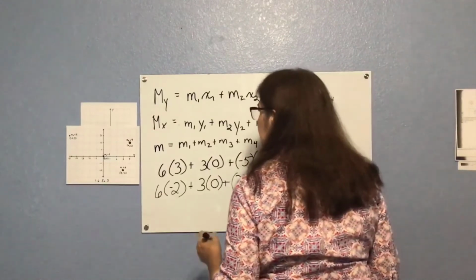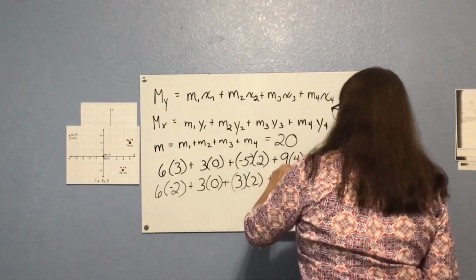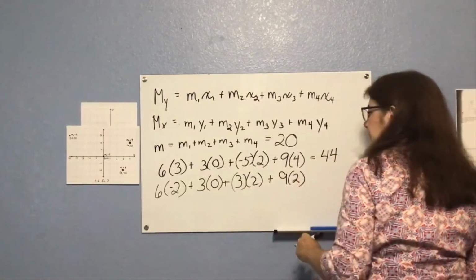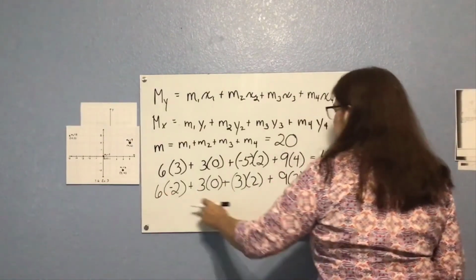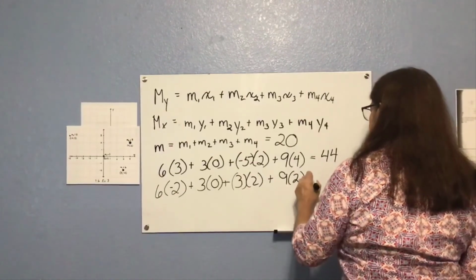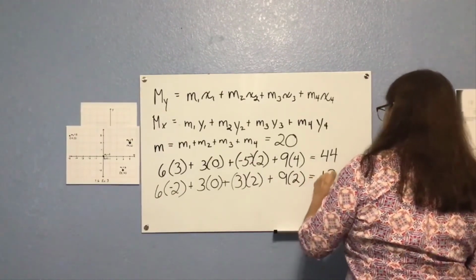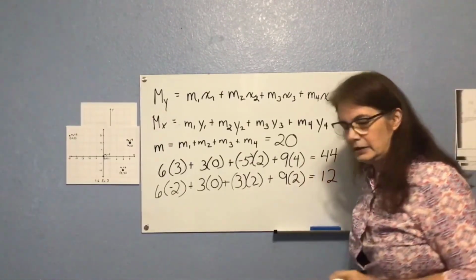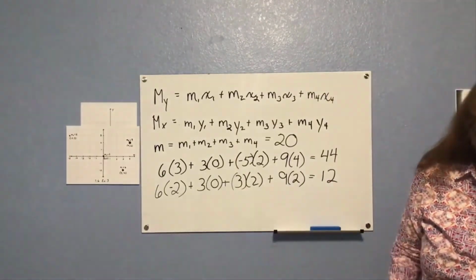And 9 times 2. So now I have negative 12 plus 6 gives me negative 6. Plus 18 is going to give me a positive 12. So those are our moments.